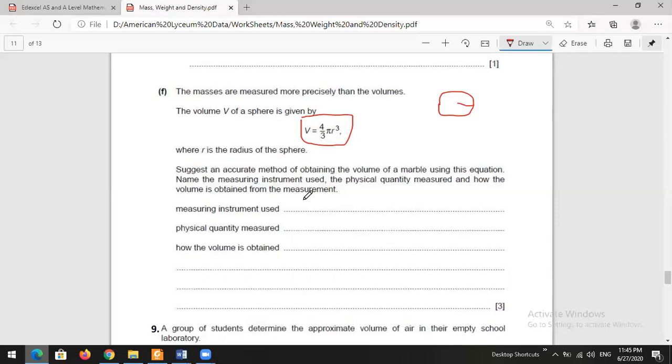The physical quantity measured is length, or diameter. So the instrument used is a vernier caliper, and the physical quantity measured is diameter. How is the volume obtained? First we will divide the diameter by 2 to get the radius, and then put the radius in this formula to get the volume of the sphere. Clear?